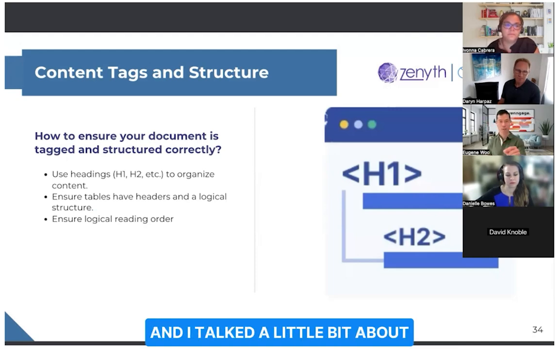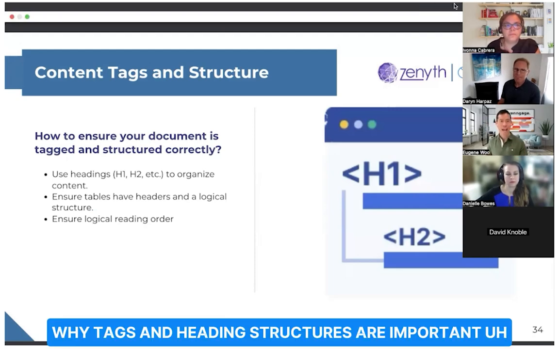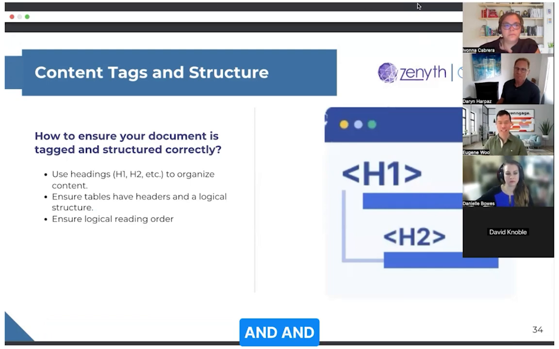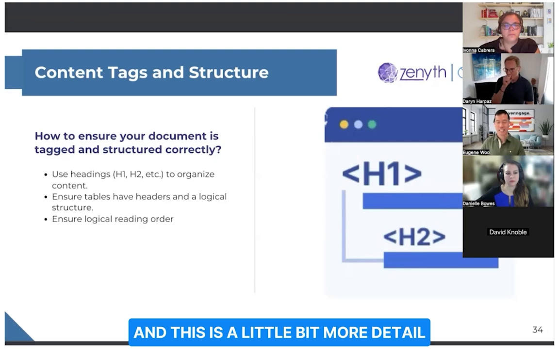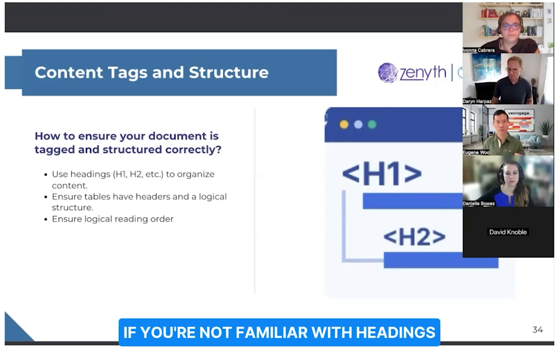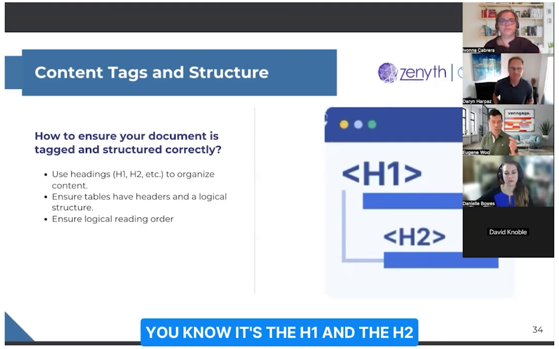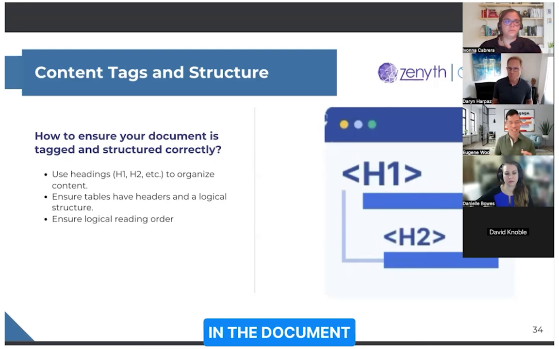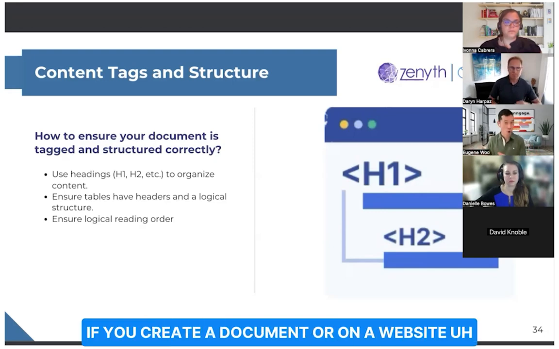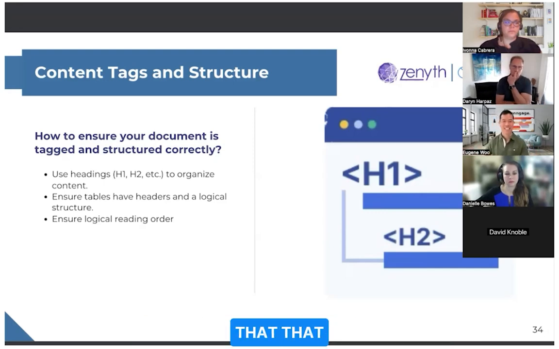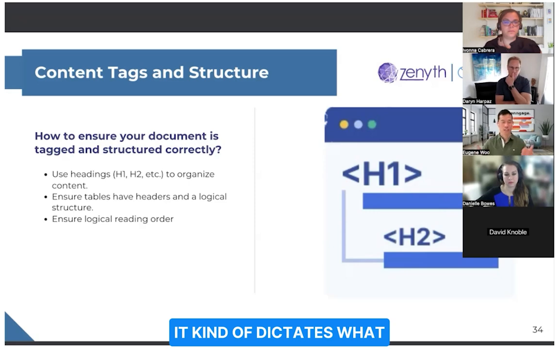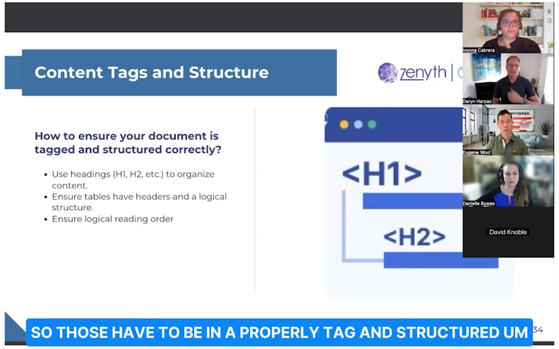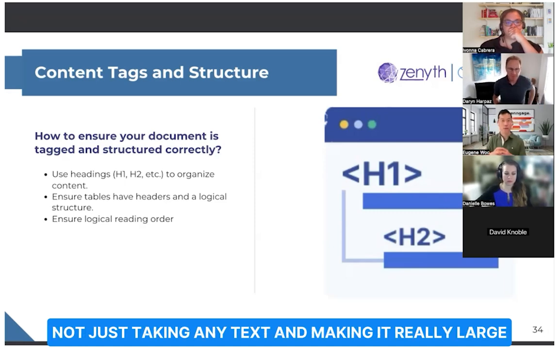I talked a little bit about why tags and heading structures are important, and this is a little more detailed. If you're not familiar with headings, it's the H1 and the H2 in a document or on a website, which dictate what the titles and the subtitles are. Those have to be properly tagged and structured, not just any text made really large.